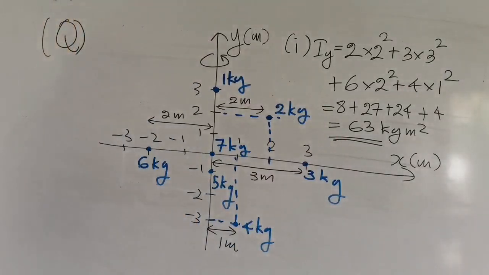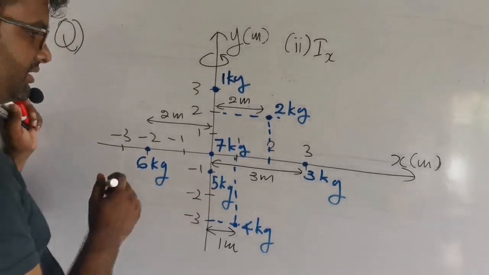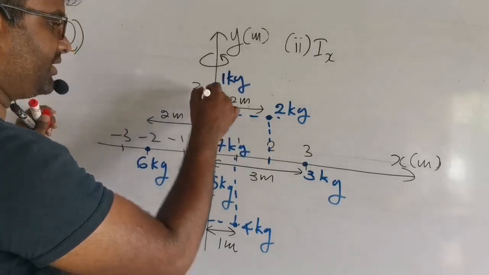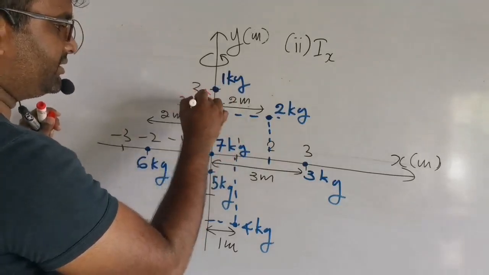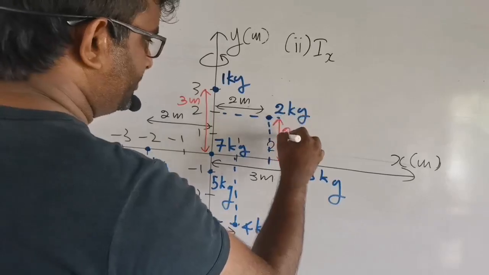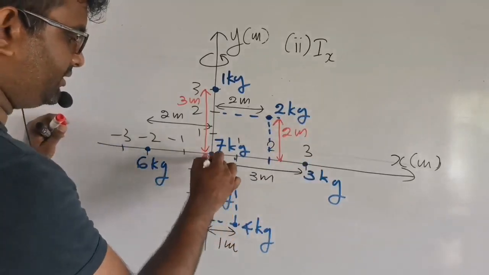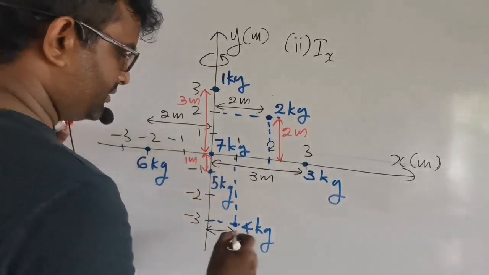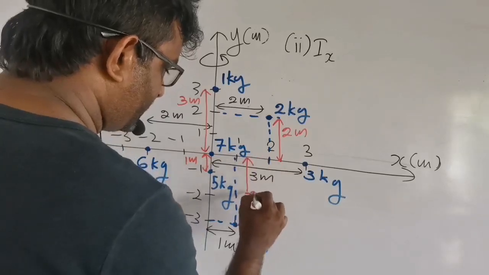Similarly you can find the moment of inertia about the x-axis. First we mark perpendicular distances from the x-axis. For this one that is 3 meters, and for this one that is 2 meters. Here that is 1 meter, and for this one that is 3 meters.